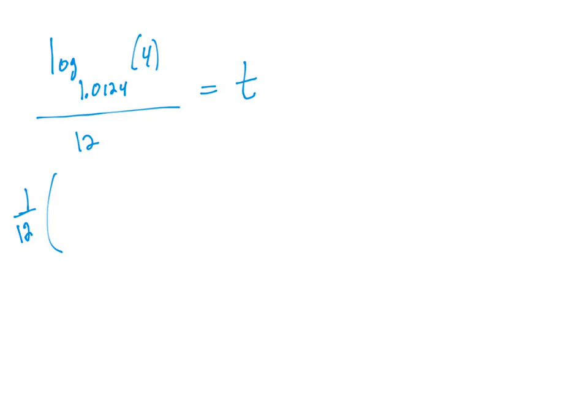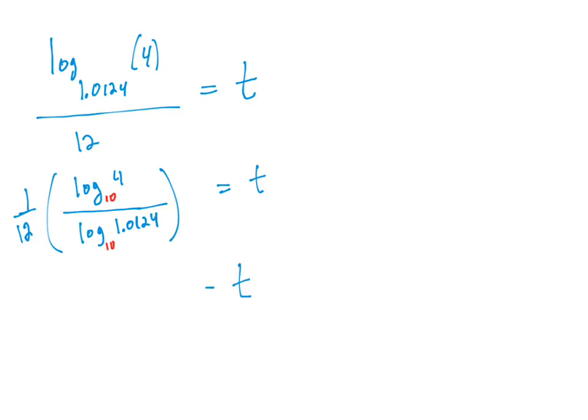So the change of base formula says I can rewrite a log expression like this, as long as I have the same base here and here. Now 10 is usually what we do because log base 10 is what our calculator gives us. So take a moment, see if you can punch that in, and let's see what you get.